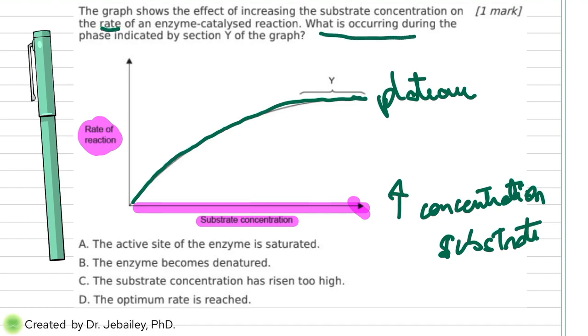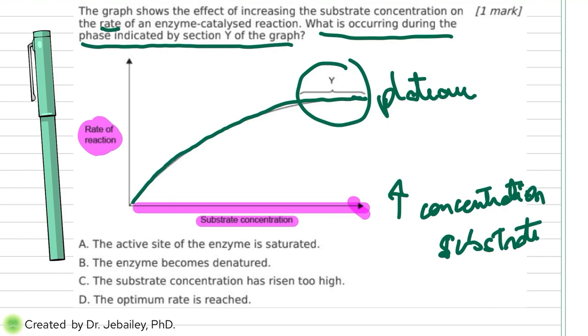Now, what is occurring during the phase indicated by the Y, which I was just talking about? What I'm trying to say is this. Let's just say in your body there are only 100 enzymes. If you have one enzyme and one sugar, that's fine. Two enzymes, two sugars, that's fine. And you keep going. Once you reach 100, it's fine, you have all the enzymes working.